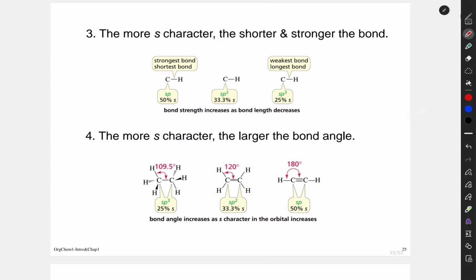If you think about this molecule, and we are comparing the CH bond, as the s character is increasing, the corresponding bond becomes shorter and stronger.